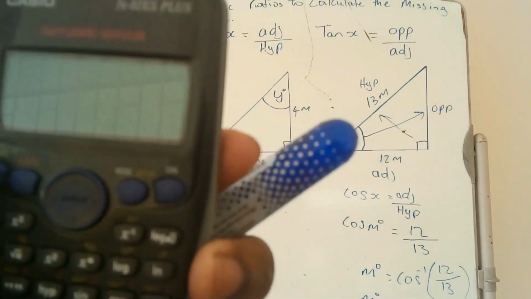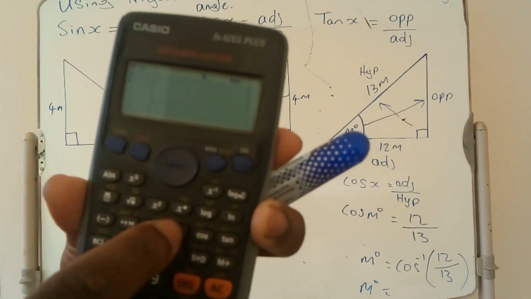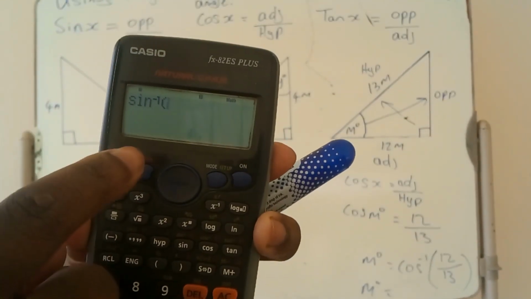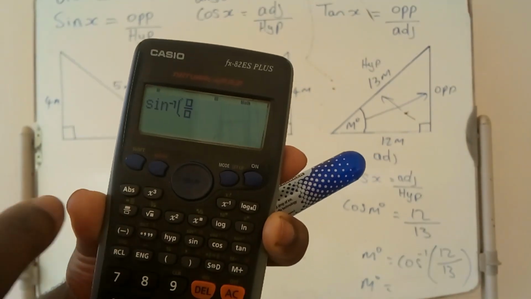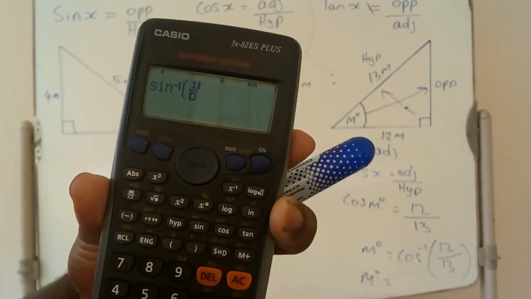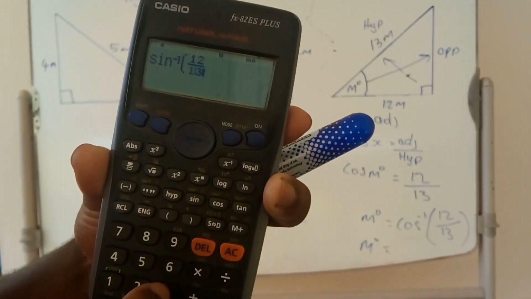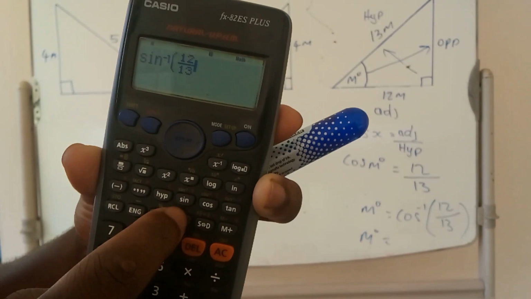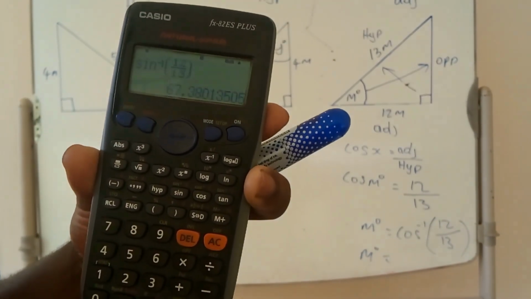After you press shift, you press cos, and you get the cos inverse. Now it's a fraction, so I need to press the fraction bar. Then I put 12 over 13. Then I close my bracket there. Then all you need to do is press equal.